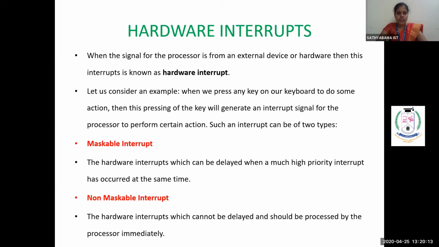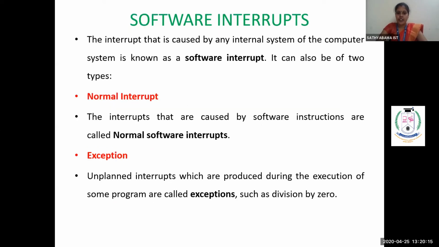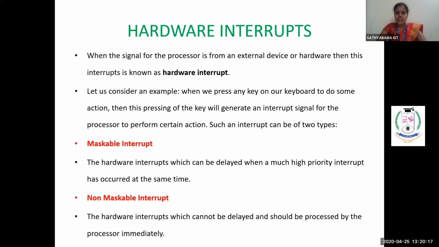So now you have seen hardware interrupts and software interrupts. Hardware interrupts mean you get the interrupt to the processor from the peripheral device. You have maskable and non-maskable interrupts. Maskable interrupts can be delayed; if delayed, it's not a problem. But a non-maskable interrupt cannot be delayed; it's processed by the processor immediately.